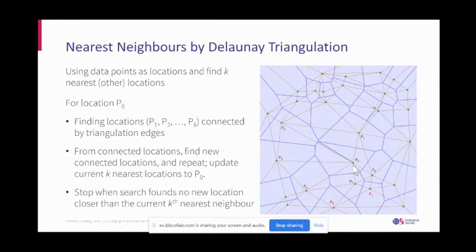From these connected locations, we find the newly connected locations further outwards, like P7 and P8, and then we update the k-nearest locations to P0. We stop when the search finds no new location closer than the current k-th nearest neighbor. In this way, we can find the k nearest neighbors for a certain location.